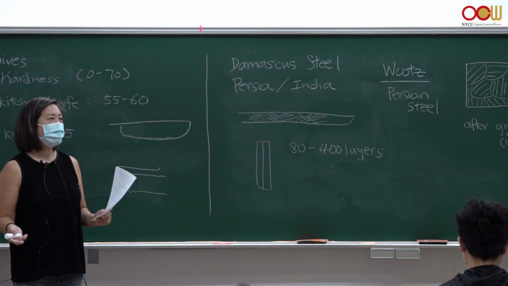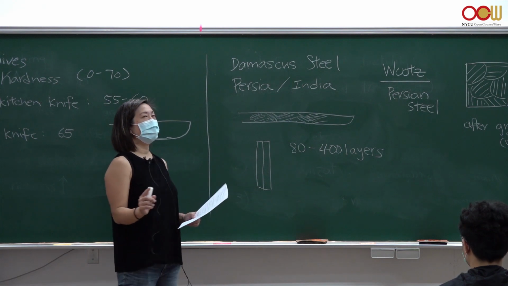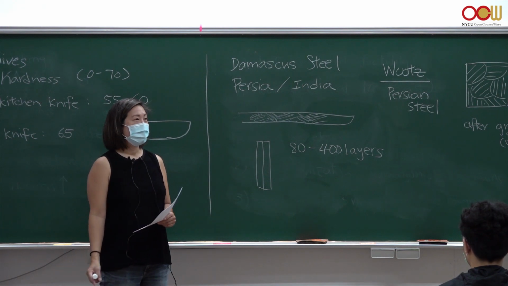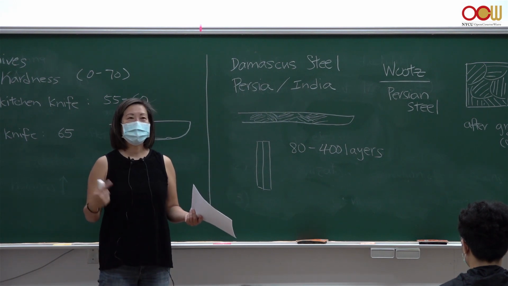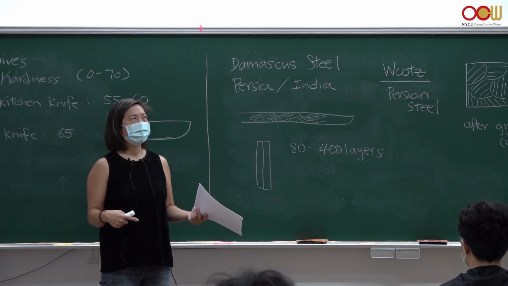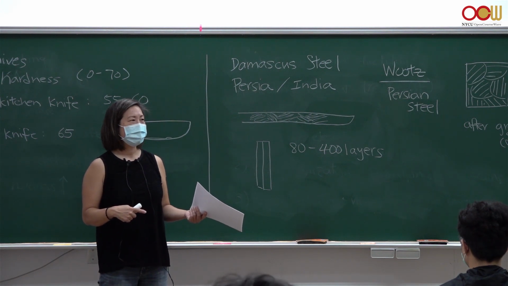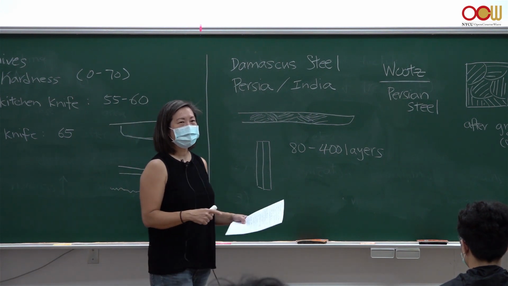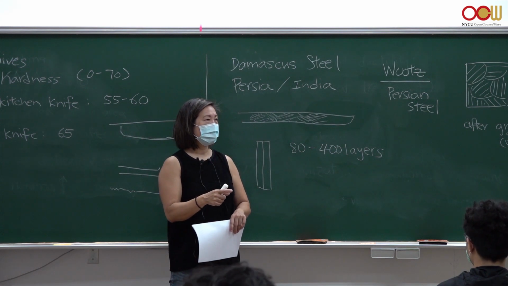And no one has been able to reproduce wootz steel until, I think, in the 1990s, by a person who lives in the South, in Texas, I think, in the US. You'll see a short video of him. He is what is called a farrier. A farrier is somebody who makes shoes for horses.